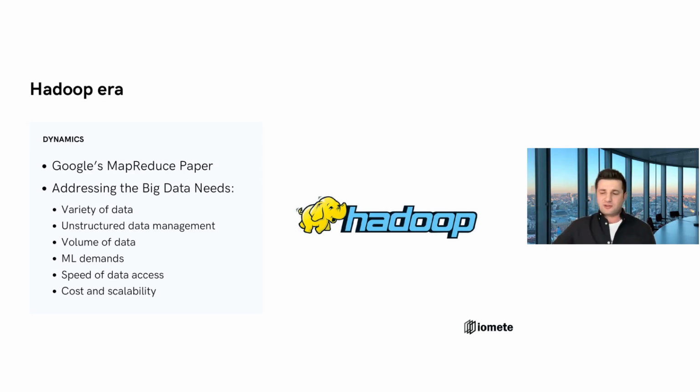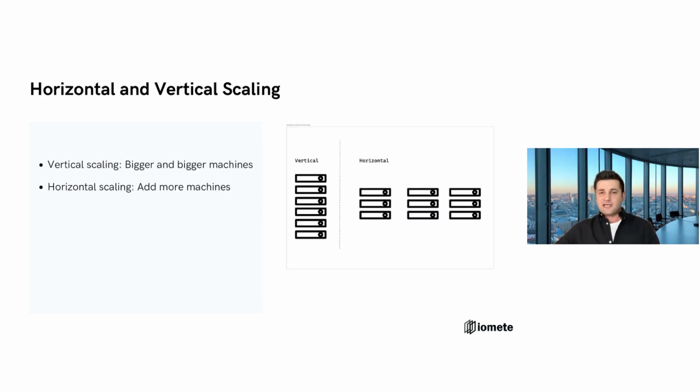And cost and scalability. Of course, when you store a large amount of data and you need a processing engine capable of processing it, you have to be very careful about cost and how you scale. Speaking about scaling, which is very correlated with the cost, there are two main scaling patterns or architectures: vertical scaling and horizontal scaling. Vertical scaling is very well known, and it used to be used a lot in the past with traditional databases.